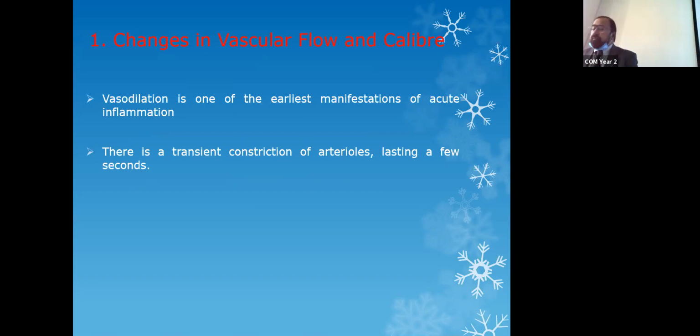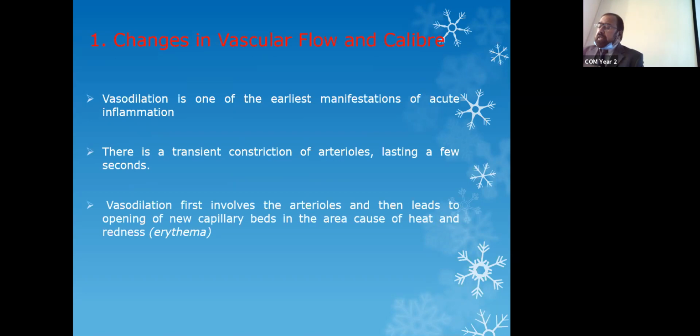Okay, then what happens? The dilatation first involves the arterioles and then leads to opening of the small capillaries. Normally, the whole set of capillary channels in the body is not open. Usually it is closed. Only a few capillaries are open.